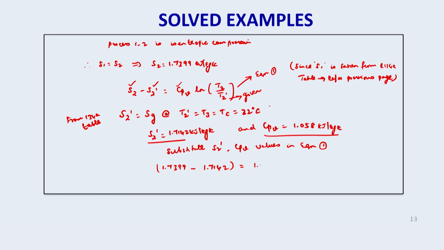Cp of vapor is 1.058 into ln of T2 over T2 dash. T2 is unknown, T2 dash is 32 degrees centigrade. Here we have to convert the centigrade into Kelvin. We should not substitute the temperature in degree centigrade. So 32 plus 273 will come in the denominator.